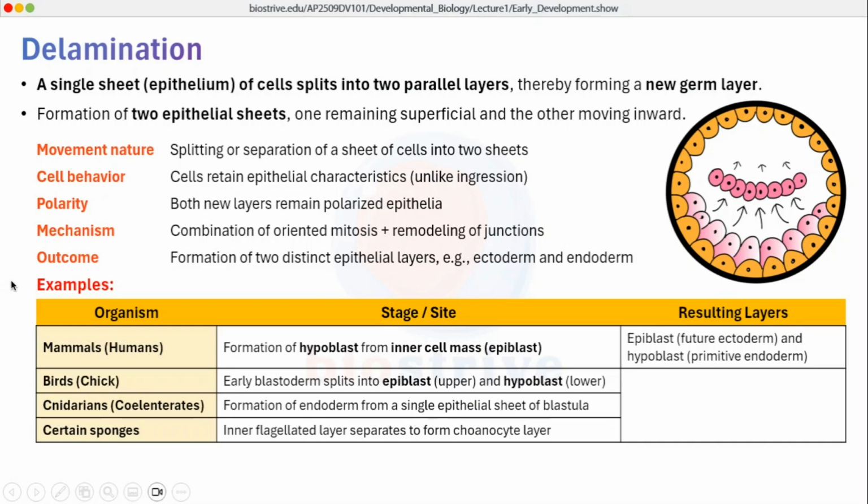So the outcome will be formation of two distinct germ layers, which are ectoderm and endoderm. Examples: in humans, the formation of the hypoblast from the epiblast takes place in this manner, and in birds, the early blastoderm will split into epiblast and hypoblast. In cnidarians and certain sponges, this process can also be seen.